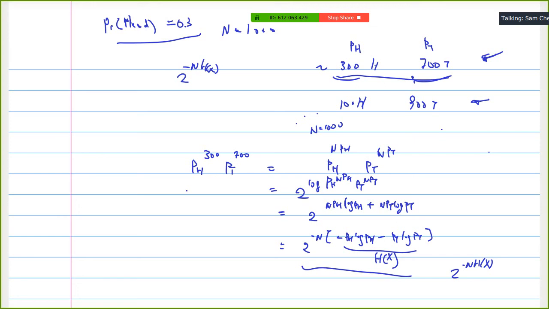So for every such sequence, it's p head about 300 times and p tail about 700 times.